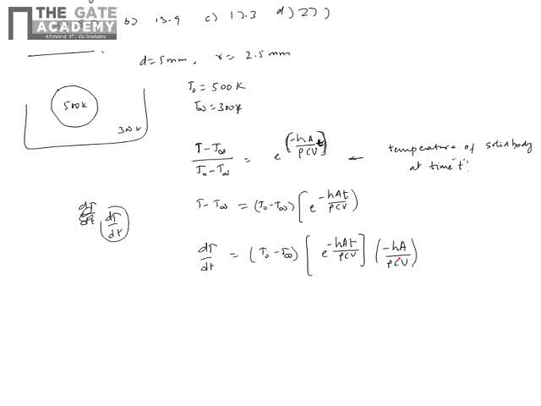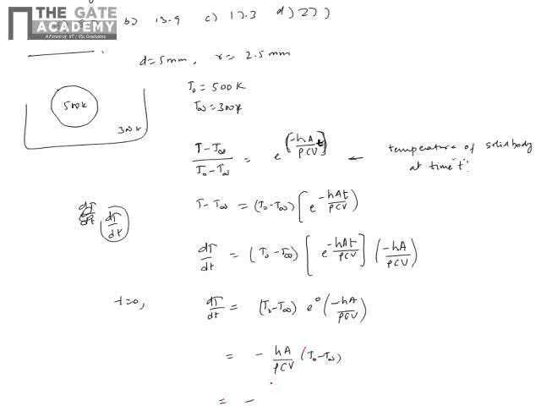So this is what I want, the rate of fall at the beginning of the cooling, that is at time t equals 0. Substituting t equals 0, e power 0 is 1, so I get minus hA by rho CV times T naught minus T infinity.